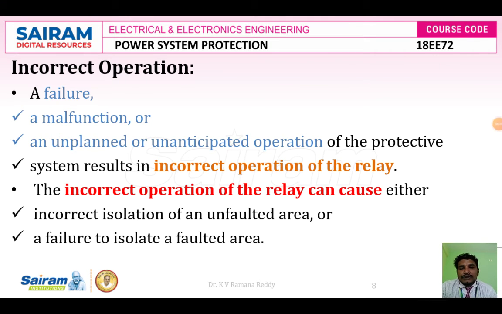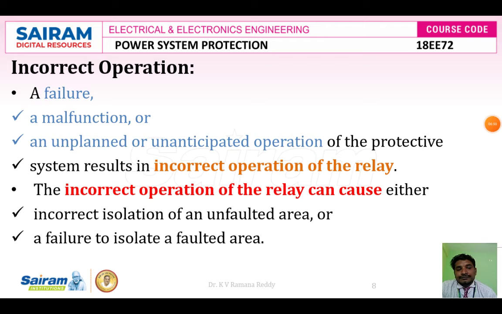Next one, incorrect operation. An incorrect operation is because of a failure, a malfunction, or an unplanned or unanticipated operation of the protective system that results in incorrect operation of the relay.